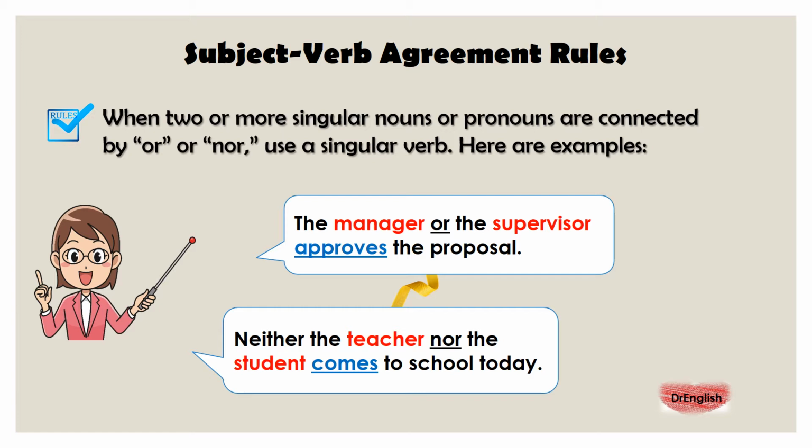So we say neither, nor. Neither the teacher nor the student comes to school today. So it's actually in the negative, meaning not the teacher and not the student comes to school today.